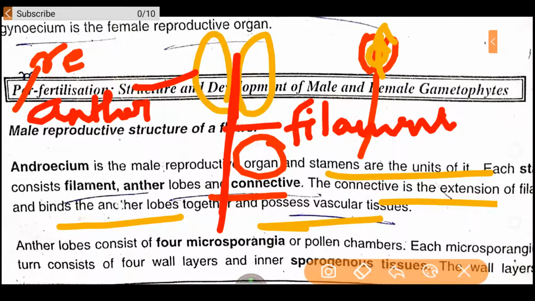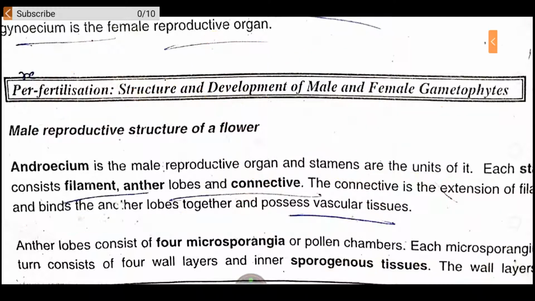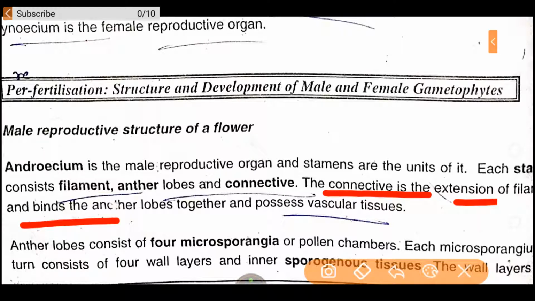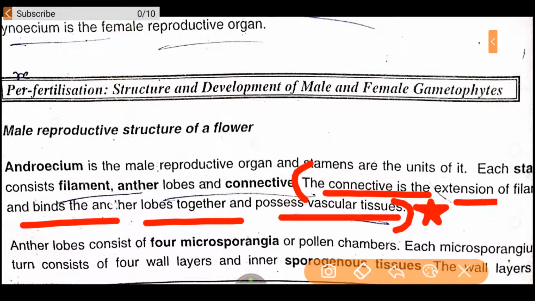This is a very important statement: connective is the extension of filament, binds the anther lobes together, and possesses vascular tissue.